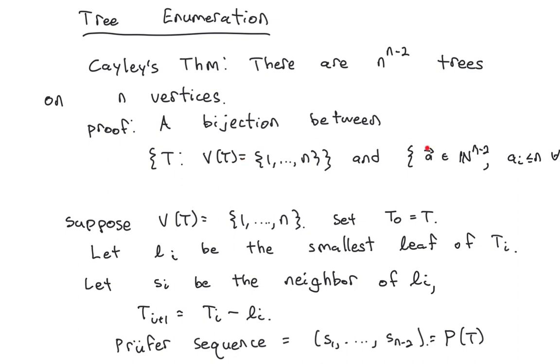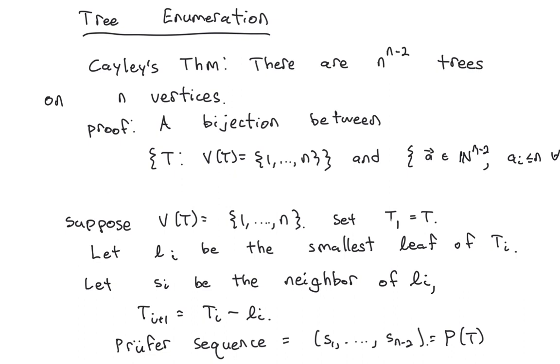And so this bijection is called the Prüfer sequence, and you construct it as follows. So we're supposing our vertex set are the integers 1 through n. We set T1 to be our original tree. We're going to let Li be the smallest leaf of the ith tree.